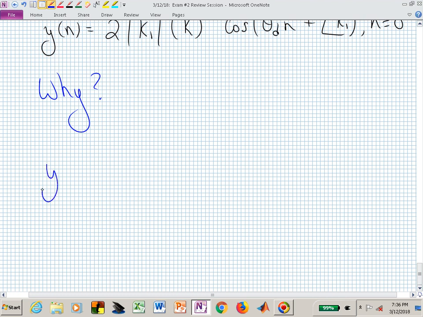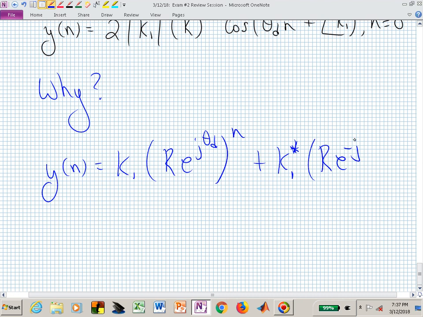And we know that y of n is equal to K1, what? Pole to the n. And K1 was associated with the pole in the upper half of the z-plane, r e to the j theta sub d to the n, plus the conjugate of K1, r e to the minus j theta sub d to the n for n greater than or equal to 0.